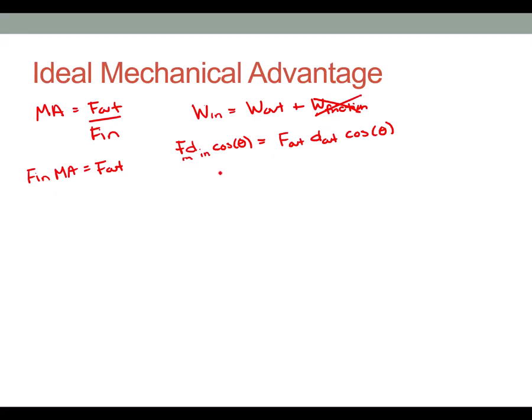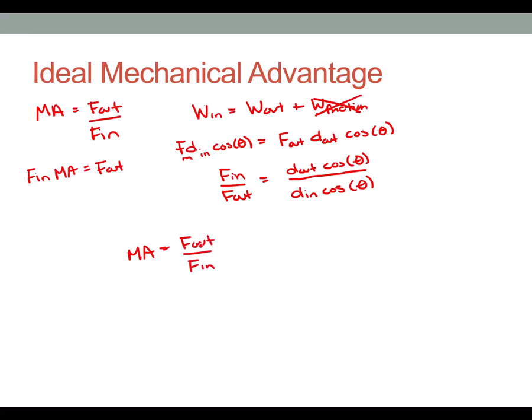In that case, the force in divided by the force out will equal the distance out times the cosine of that angle, which I'm, again, not subscripting them because often they are the same, divided by the input distance times the cosine of the angle. So this allows us, oh, and I rearranged it backwards, but hopefully you can follow what I'm doing here.